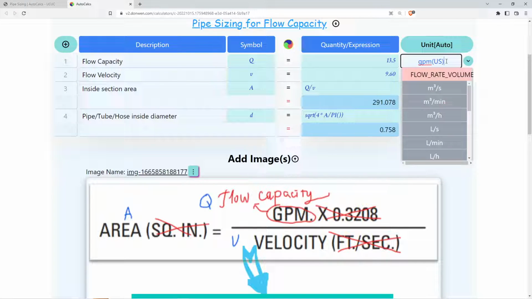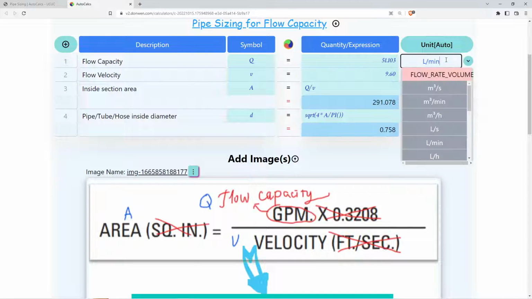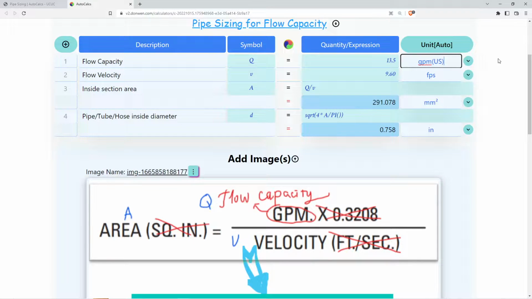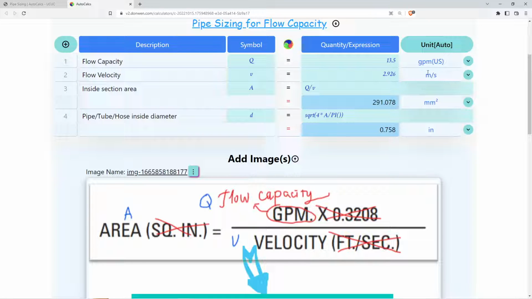If we want to change that to metric liters per minute, we just change that unit directly from the drop-down list. If you turn this back, it's still the same flow capacity, 13.5. The same thing for the flow speed and velocity. If we want to change that to meters per second, that's 2.9.